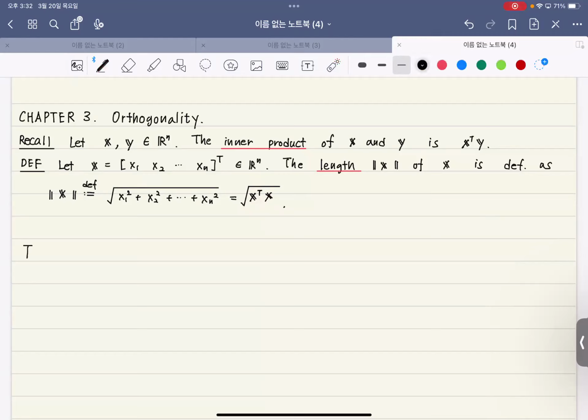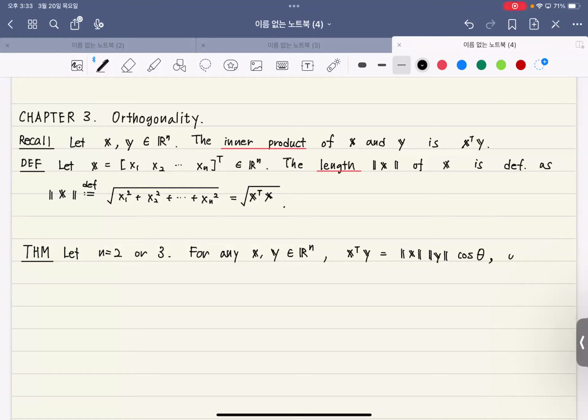The law of cosines can be applied to two-dimensional space and three-dimensional space. So I will begin from there. For any plane vectors or any three-dimensional vectors x and y, the inner product of x and y is the same as the length of x times the length of y times cosine theta.